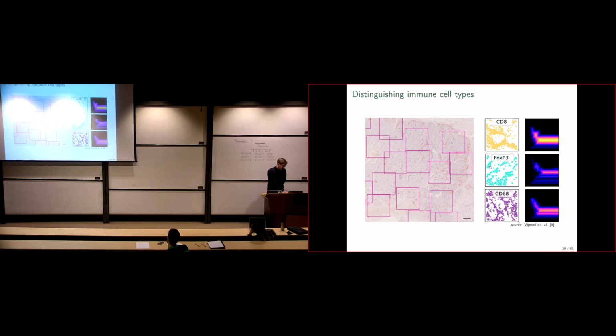And here you see another type of immune cell with another type of distribution, and the same at the bottom here. And on the furthest right, you see the persistence landscape, the first persistence landscape, I think, of these distributions. And this was enough to be able to distinguish between these cell types.